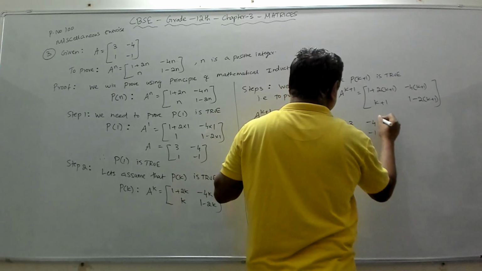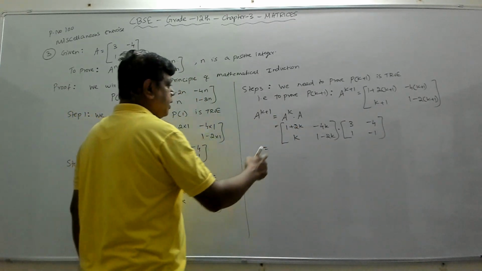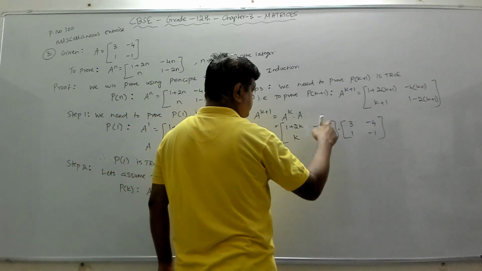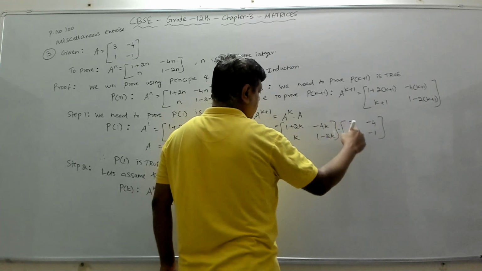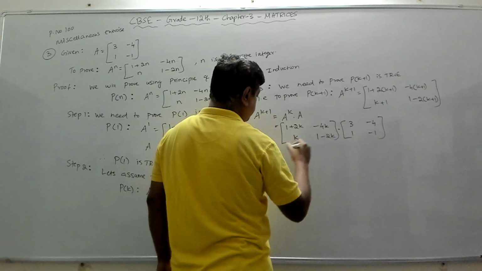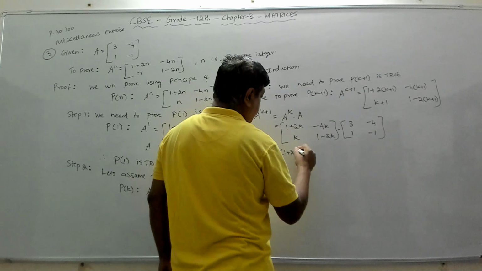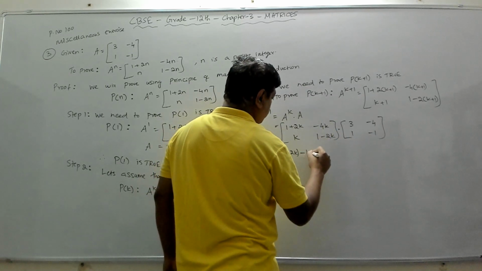1, minus 1. Now we need to multiply these two. So how do you multiply this into this plus this into this? Row with the column. So you get matrix multiplication. So 1 plus 2k into 3: 3 into 1 plus 2k, minus 4k into 1 is minus 4k.